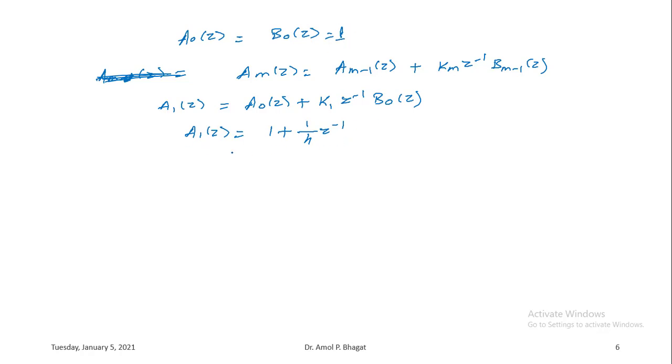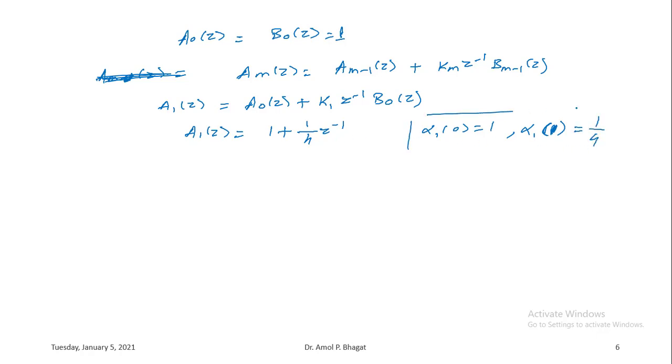So this is a1 of z, right? So here the coefficients of the FIR filter, that is direct form coefficients, alpha 1 of 0 is 1 in this case, and alpha 1 of 1 is 1 by 4 in this case, right?